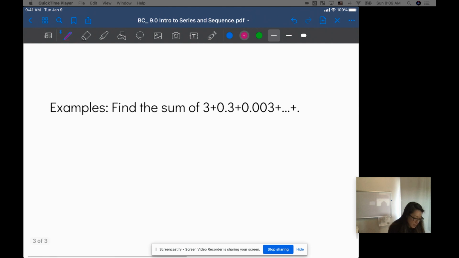All right, our last one is, if I start with the term, I'm going to call this term a sub 0, a sub 1, a sub 2. I tend to find that if we start with the first term being a sub 0, it's a little bit easier to write the equation. Okay, so I'm going to do the sum of n is equal to 0 to infinity, because the terms go on for infinity here.